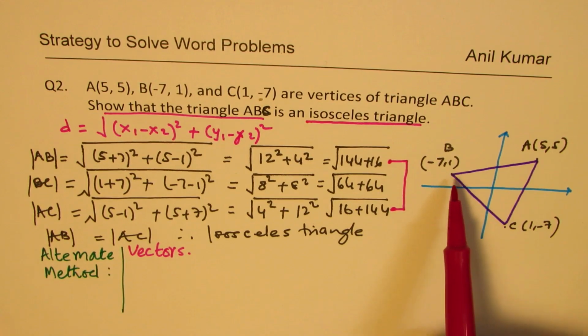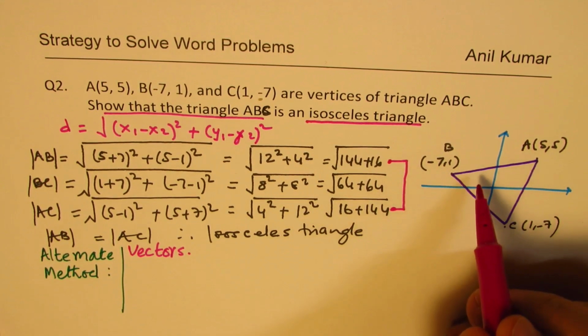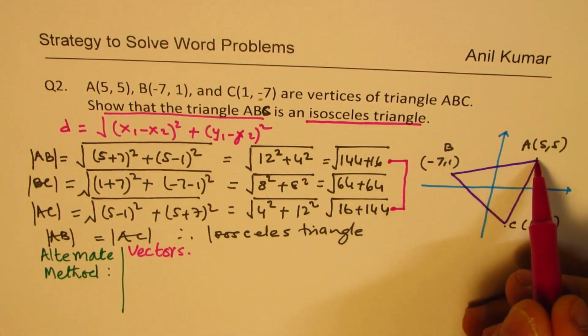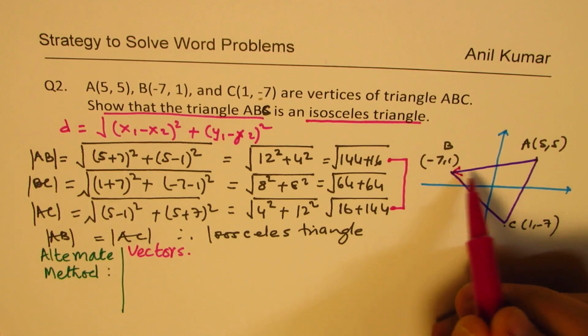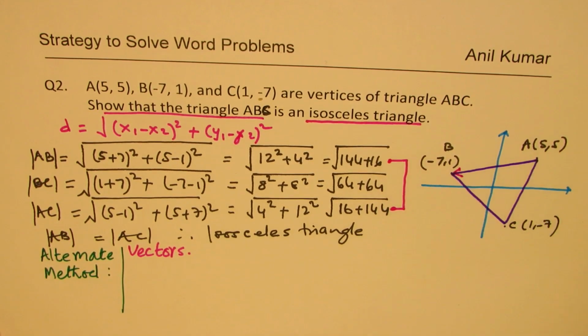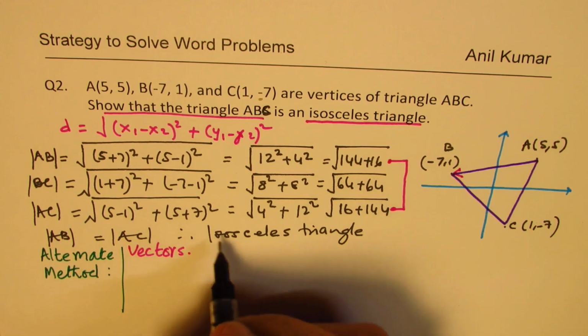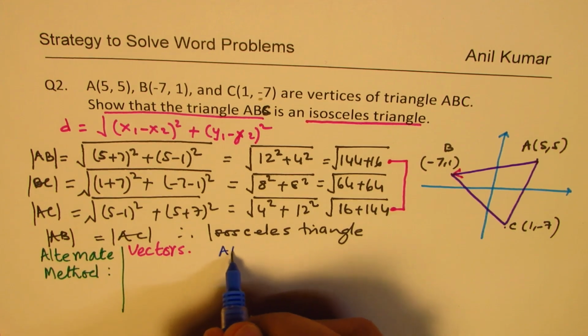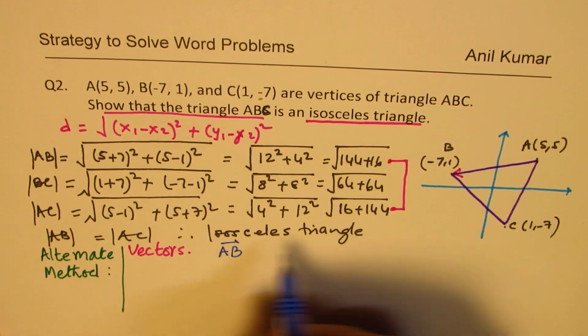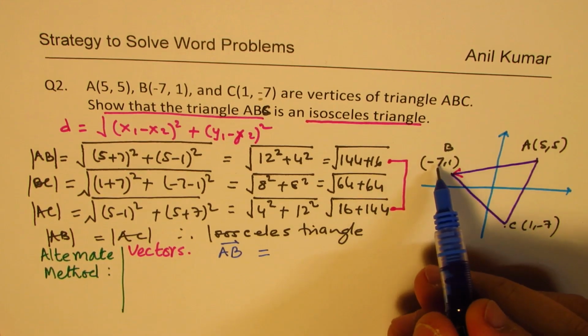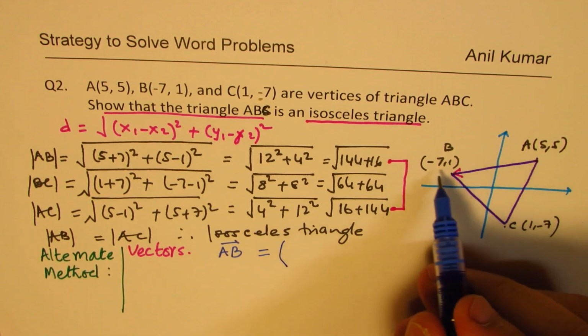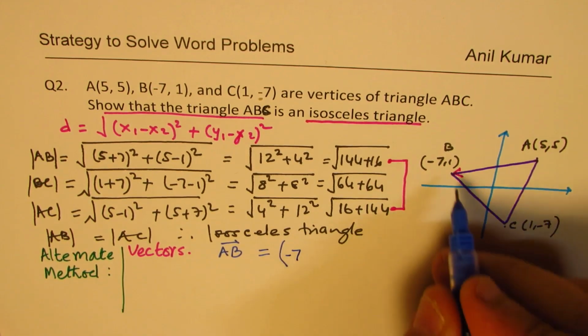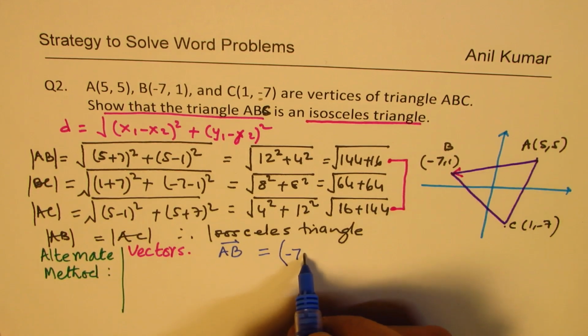Okay. So using vectors, we can find what is AB, right? So what is A to B? Think like this. A to B, we want magnitude, right? So we write like this. A to B is how much? Let's use a different ink. A to B is B minus A coordinates. So it is 7 minus 5. Do you see?